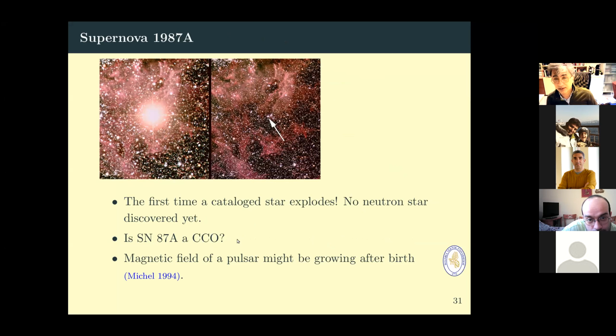Its field could have been buried, and it might be expected that the pulsar will activate later on. That is an idea suggested very early.